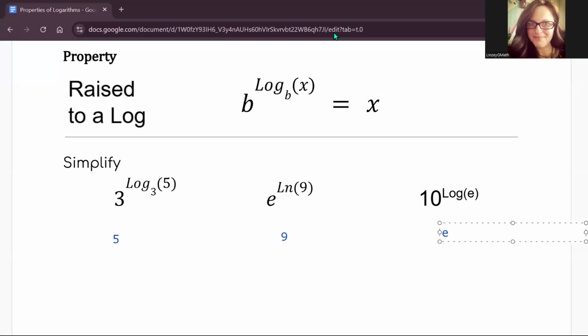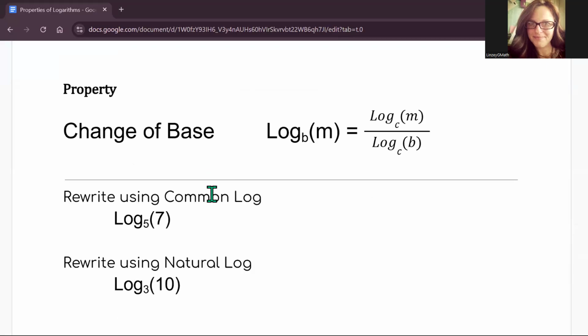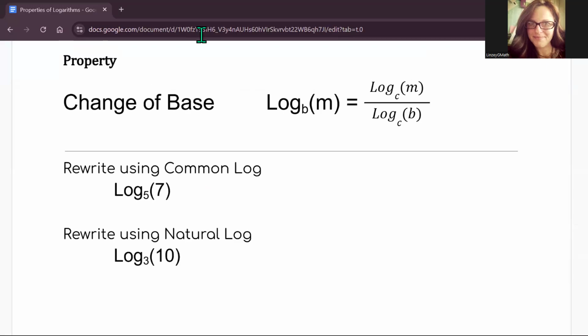And our last property, the change of base property. Log base b of m can be rewritten with a different base for your log. So we can change it to log base c of m, the original argument, over log base c of b, the original base. And we'll do a last 2 problems here.